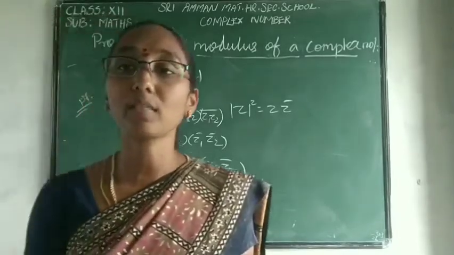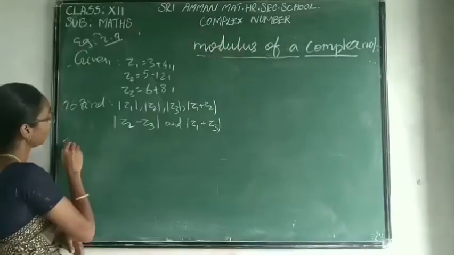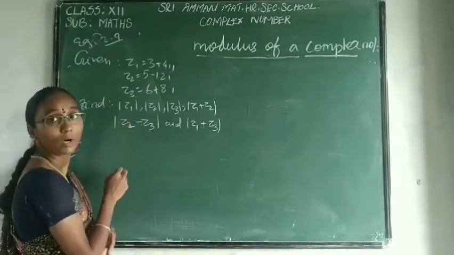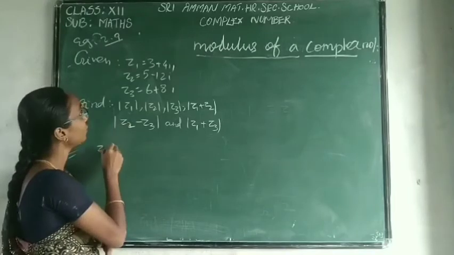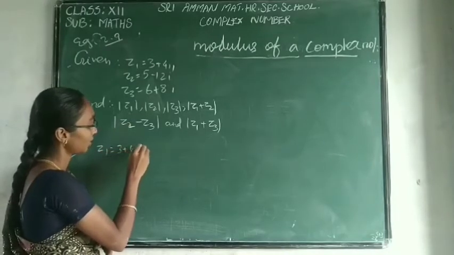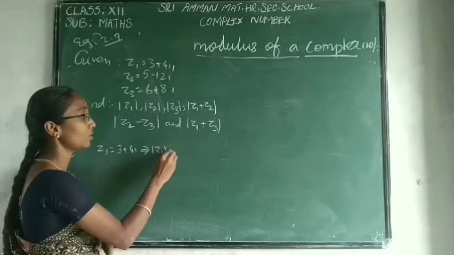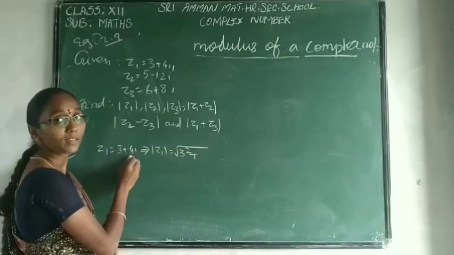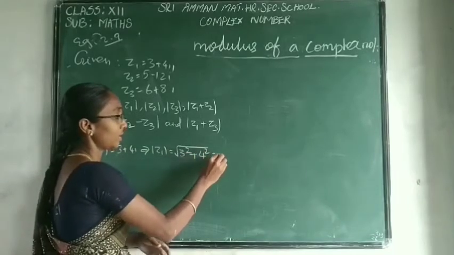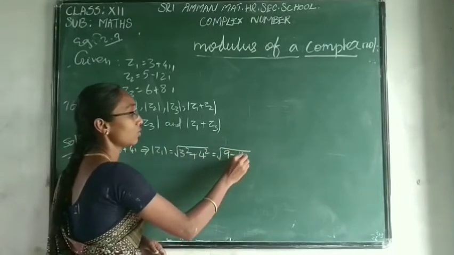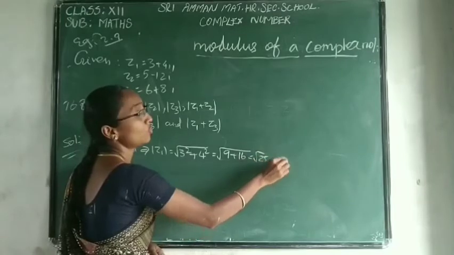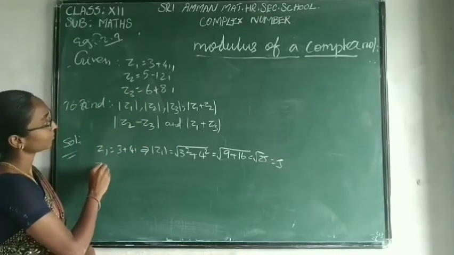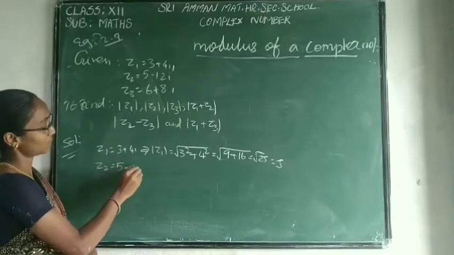Next, example sums in your book. First one, z1 equals 3 plus 4i. Modulus of z1 equals root of 3 square, real part square, plus 4 square, imaginary part square, equals root of 9 plus 16 equals root 25 equals 5. And the second one, z2 equals 5 minus 12i.